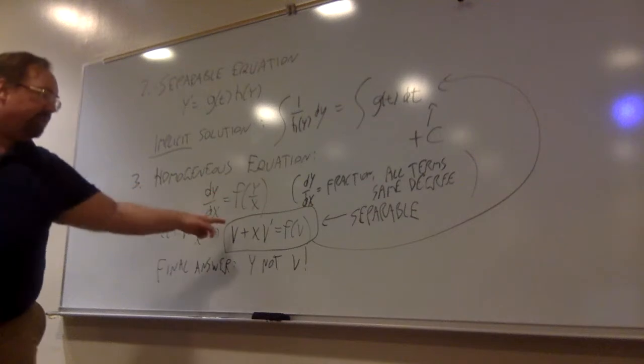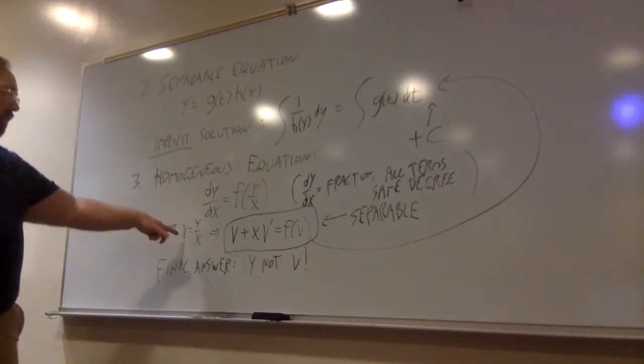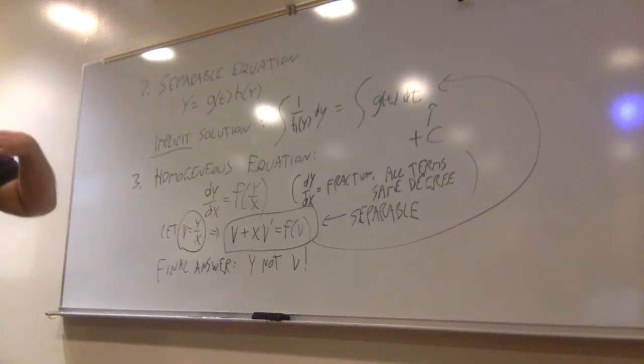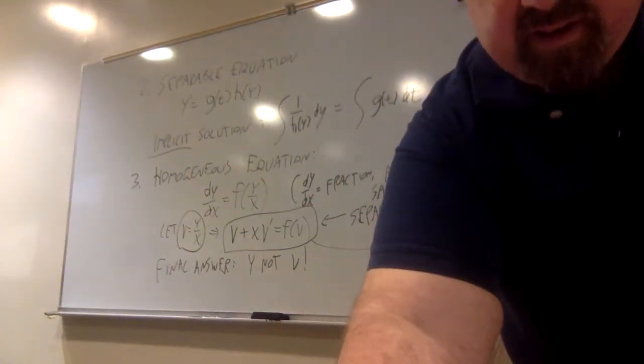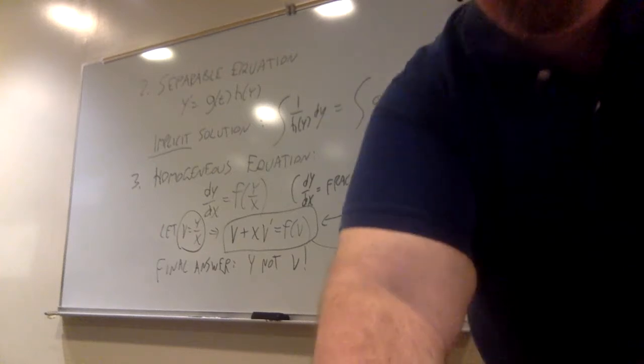So you're going to solve this equation and have some equation about v and x that implicitly describes v. But then once you're finished, you got to undo your substitution. So replace v with y over x throughout. Then you can stop. Because y is what we're trying to find in the first place.